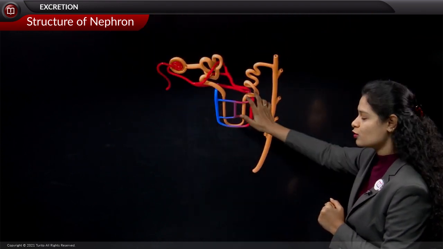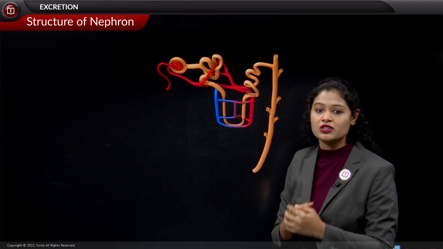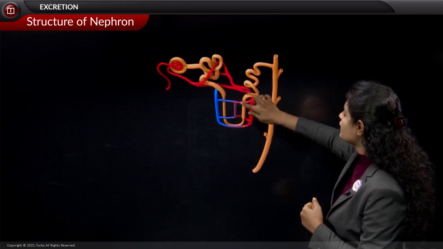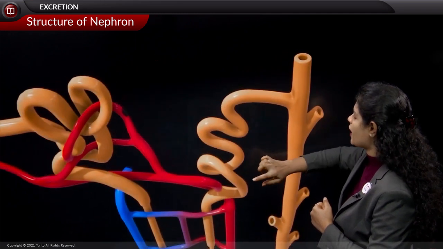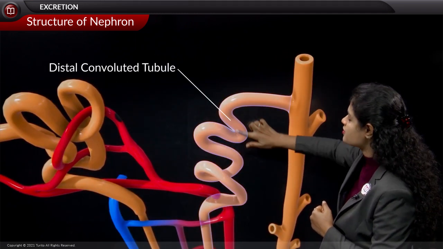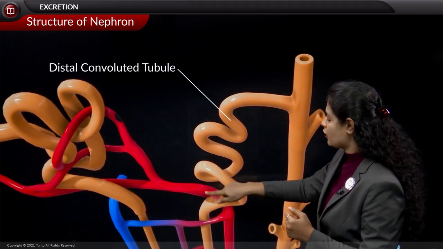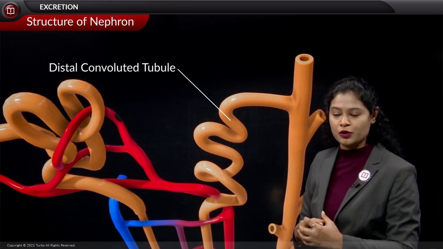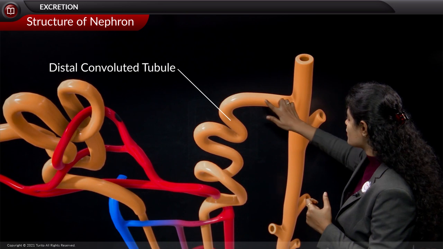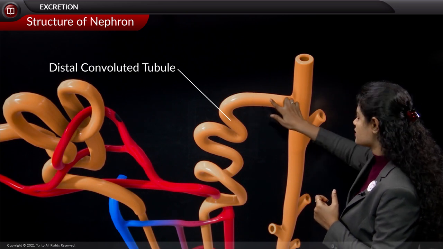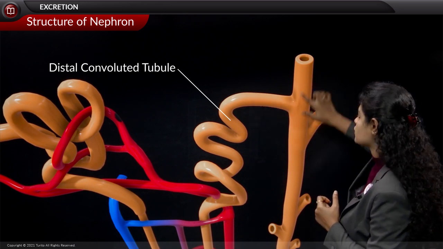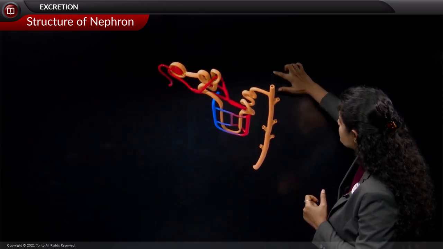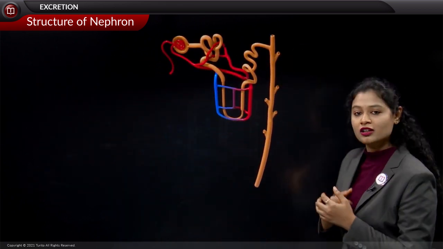Inside this loop of Henle, there is reabsorption of nutrients and also water. Now, the filtrate will move into the next part, which is the distal convoluted tubule. The filtrate can also show reabsorption in the distal convoluted tubule. Then the filtrate is collected through the collecting tubules and enters into the collecting duct. This collecting duct will open into the ureters.